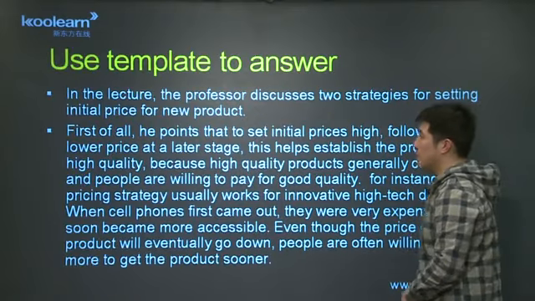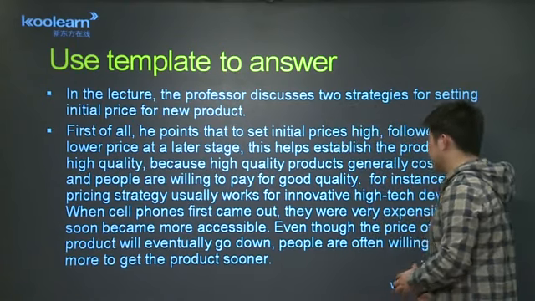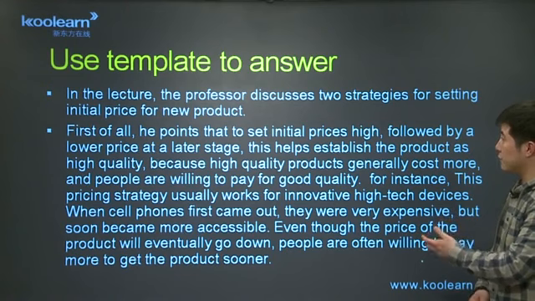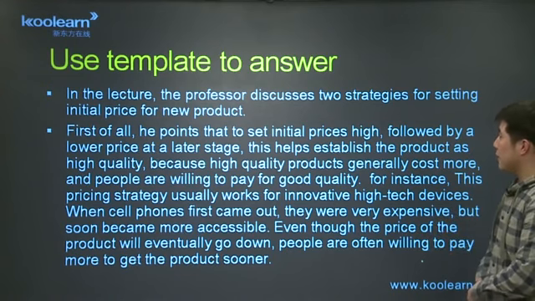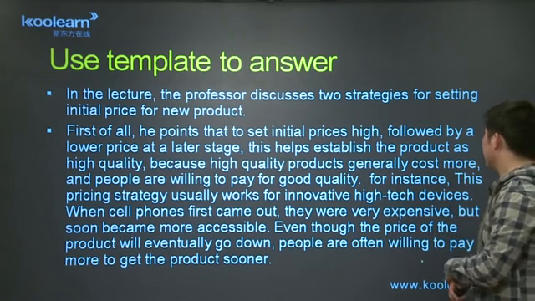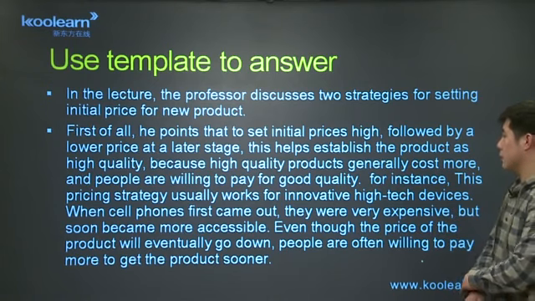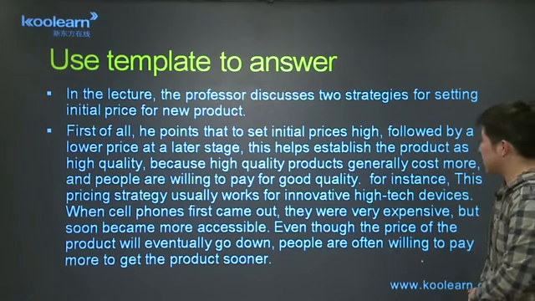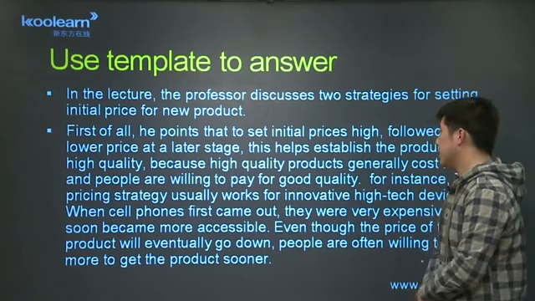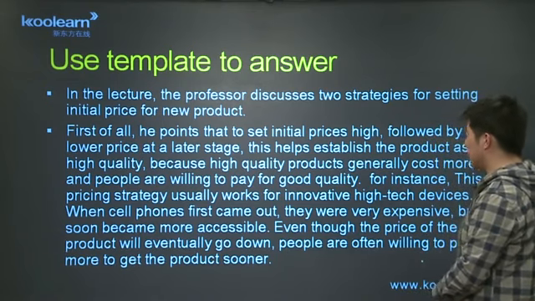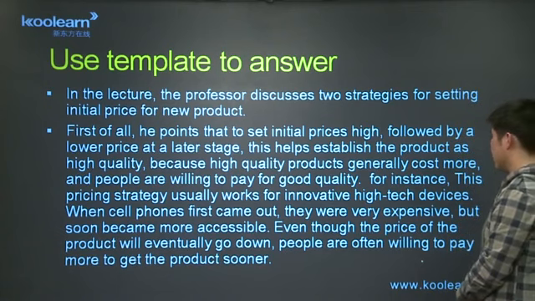you can answer like this. In the lecture, the professor discusses 2 strategies for setting initial price for a new product. First of all, he points out that to set initial price high, followed by a lower price at a later stage, helps establish the product as high quality because high quality products generally cost more and people are willing to pay for good quality.